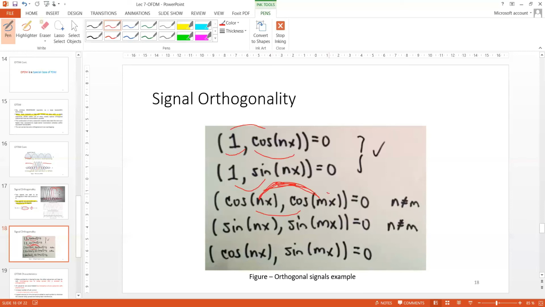For example, if n is equal to 1 and m is equal to 2, the frequencies will be different, and hence both of these signals will be orthogonal to one another. However, if n is equal to m, both the signals will not be orthogonal and the output will not be equal to 0.